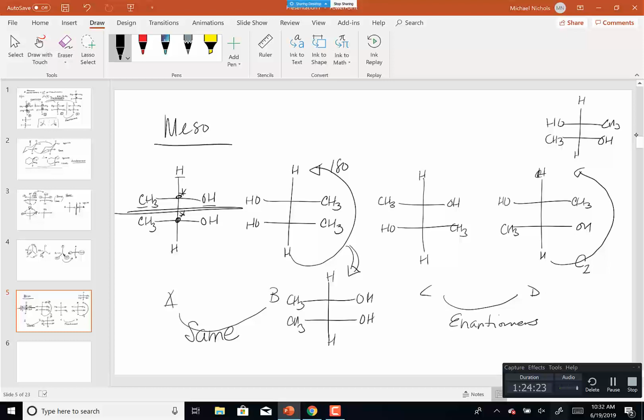So a meso compound has chiral centers, but it's superimposable on its mirror image. That's like a technical definition. The practical definition is that a meso compound has chiral centers and an internal mirror plane of symmetry.